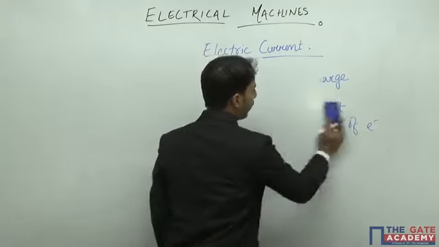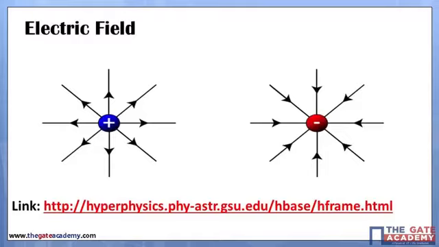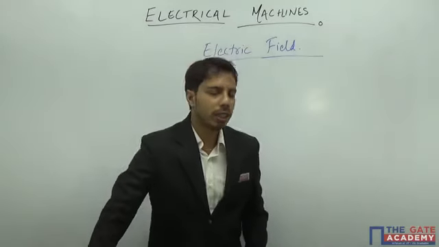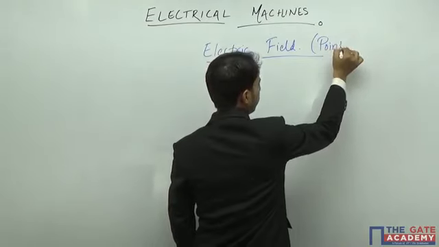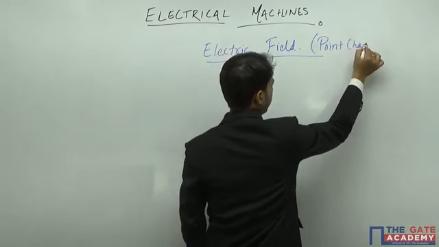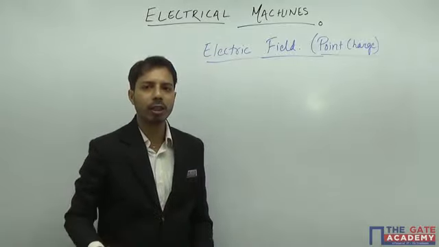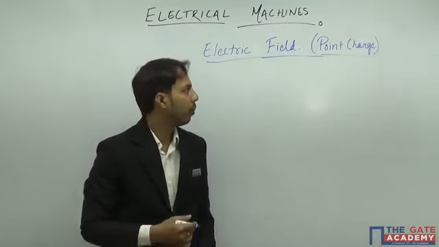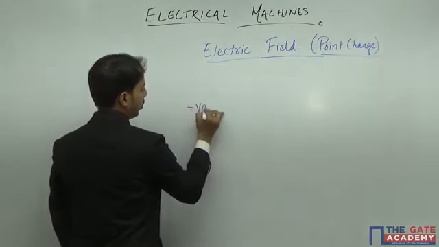The third topic which is important is to understand what an electric field is. Now let us take the electric field of a point charge. Suppose I say that a body is positively charged or negatively charged. Let us say negatively charged first.